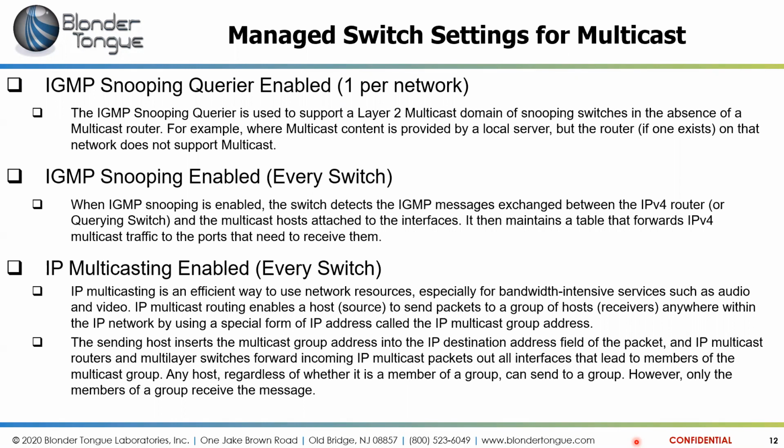Only the members of a group receive the message. So snooping and IP multicasting enabled on every switch are kind of the traffic cops that help direct traffic through the switches, right? And then the snooping querier enabled, again, you need at least one on the network to oversee everything and make sure everything is playing nicely together and not flooding the network.